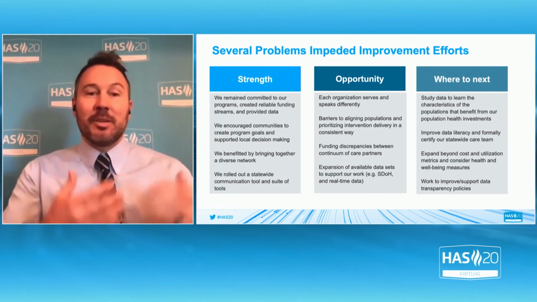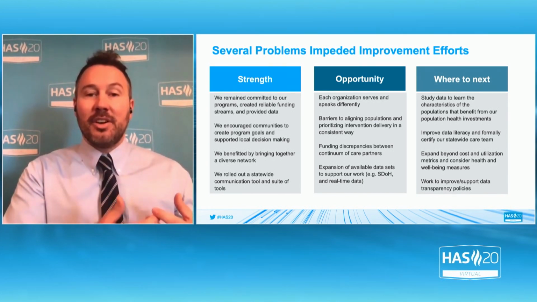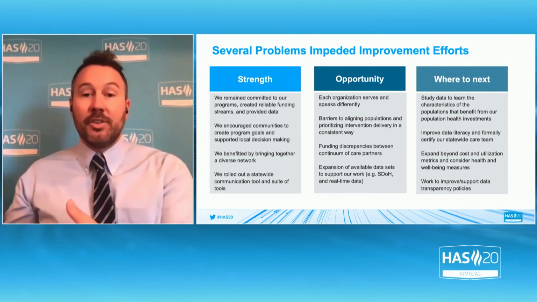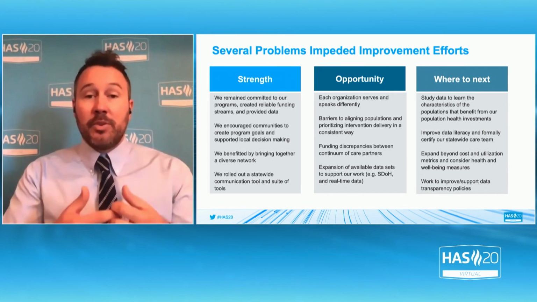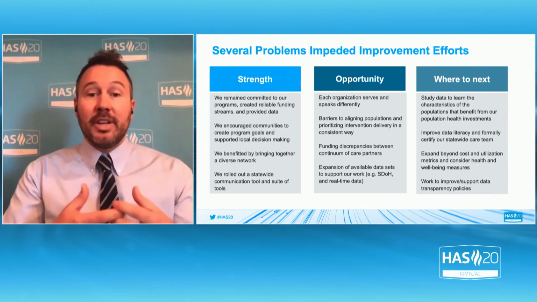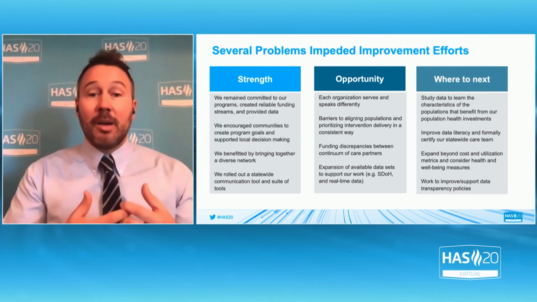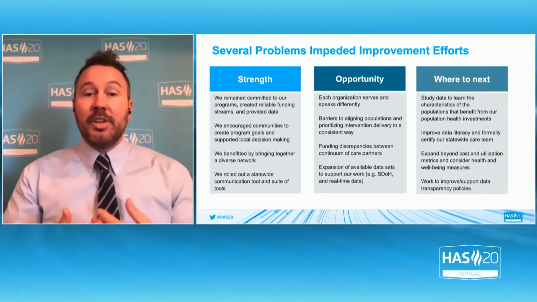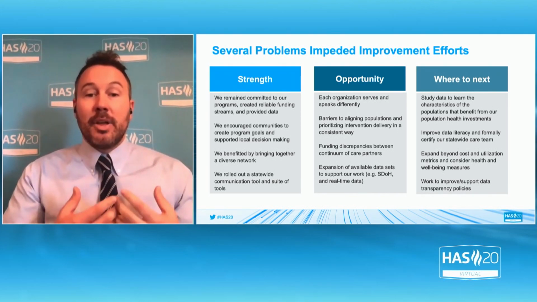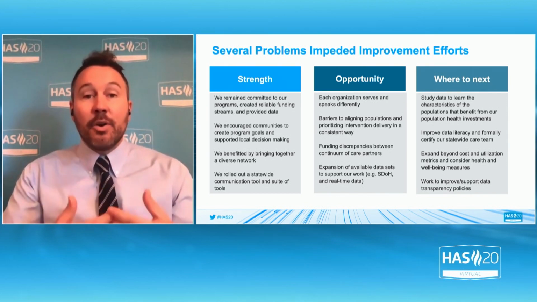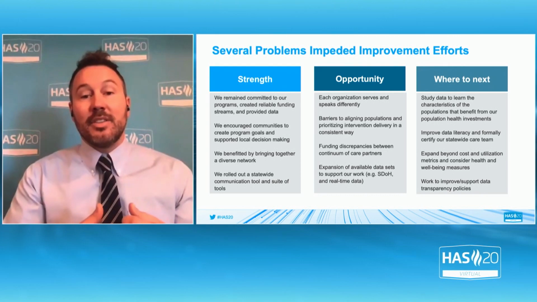What I mean by that is a primary care practice that's a part of the ACO is working and serving a different population than maybe home health or a skilled nursing facility. There are times where there's overlap, and that's where we really need to remove the barriers so that these continuum of care partners can come together, align on a population that they're going to serve, and ensure that we're working collectively as a team and focusing on the quadruple aim so that we can see our success as an ACO.